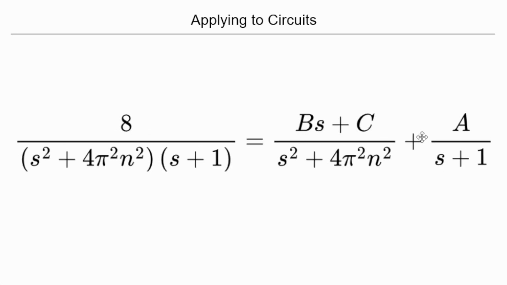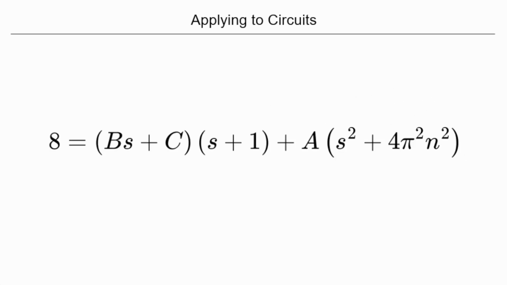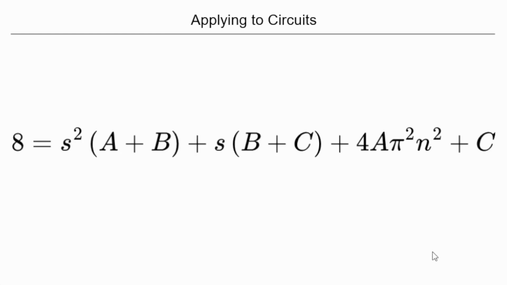Multiplying out this fraction, so s plus 1 times bs plus c, and this times a, we get that 8 equals the top side of their multiplication, so the numerator, which is this. s squared times a plus b, plus s times b plus c, plus 4a pi squared n squared plus c, equals 8.